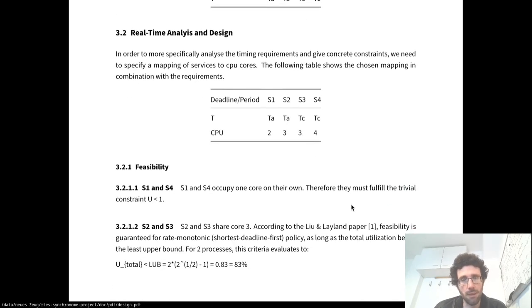And this means, in order to show that both services are always able to meet their deadlines, I have to refer to rate monotonic theory, which goes back to a paper written by Liu and Layland. And the theory states that multiple services can be successfully scheduled and always are able to meet their deadlines under the rate monotonic policy.